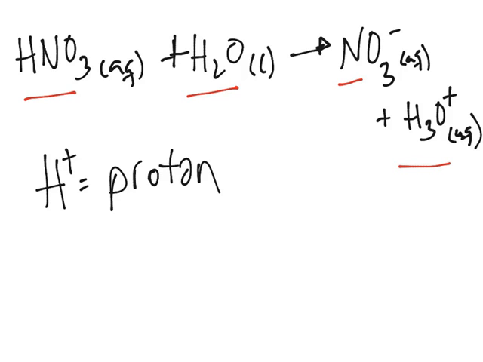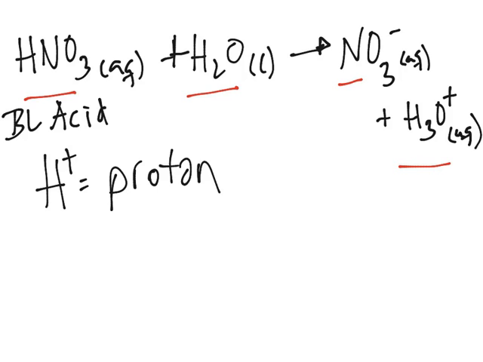The HNO3 becomes NO3 minus. So it is losing that H, which means it is giving it to the water. So this is what we call a Bronsted-Lowry acid, or simply an acid if you want. And the H2O is accepting that hydrogen ion.